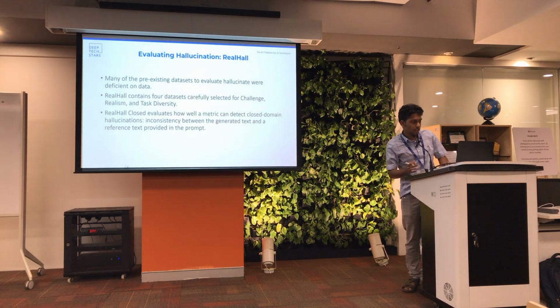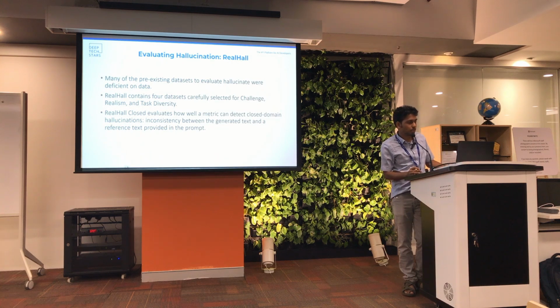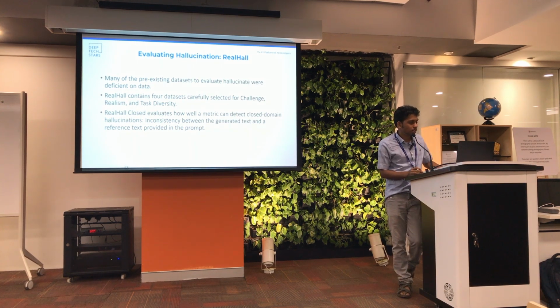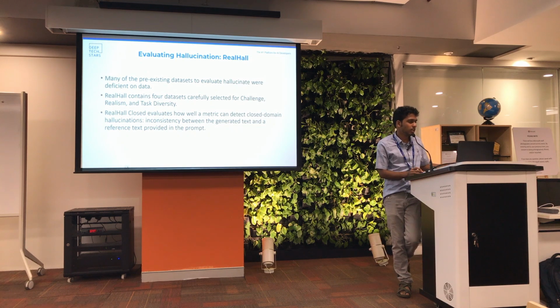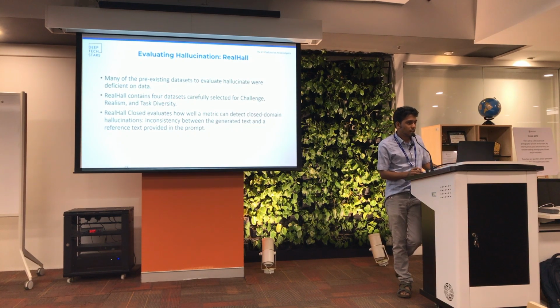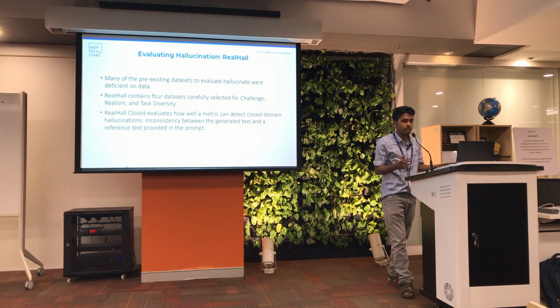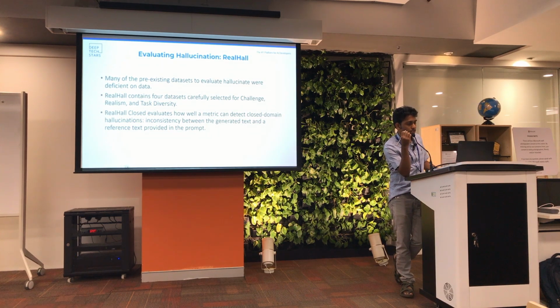Okay, this is the thing I already said. The pre-existing datasets to evaluate hallucinations were deficient. So RealHall actually contains four datasets carefully selected for challenge, realism, and task diversity. It can find the inconsistency between the generated text and the reference text.